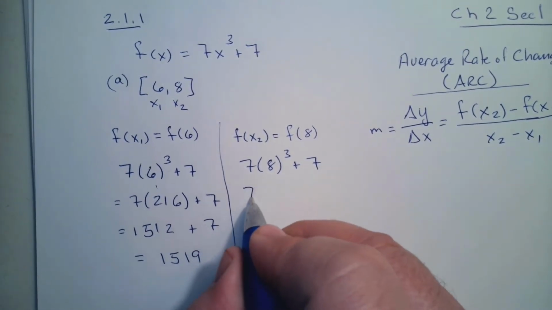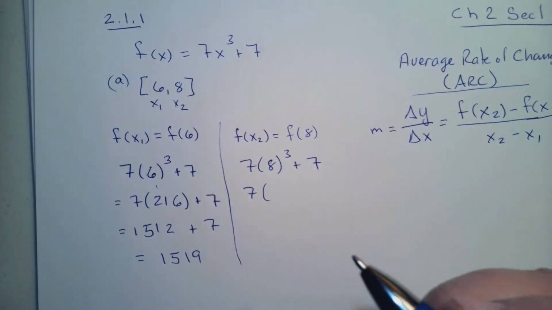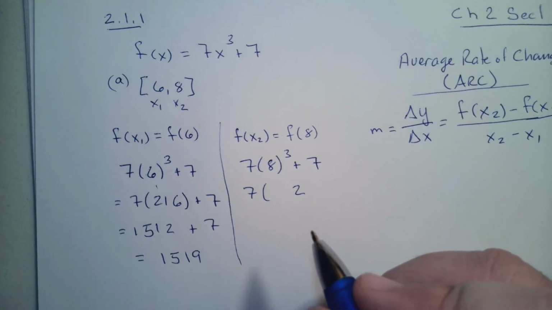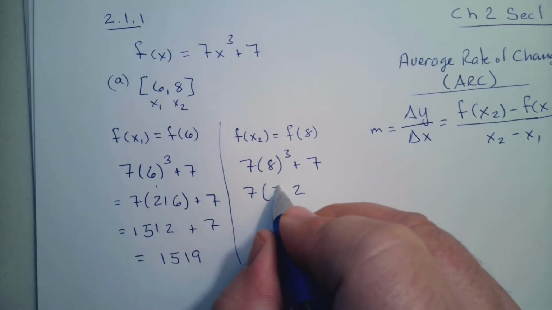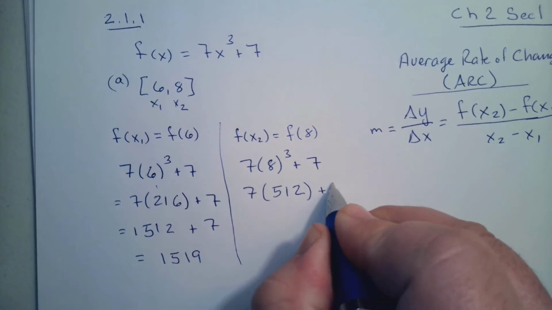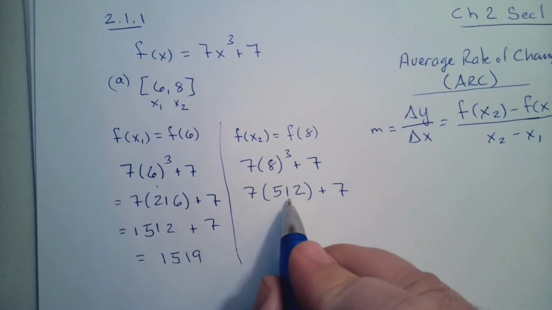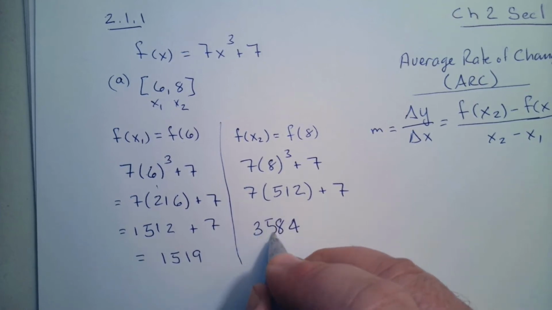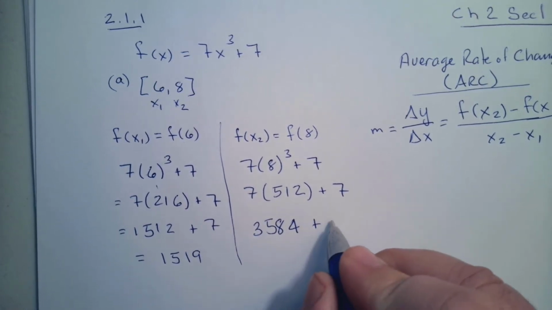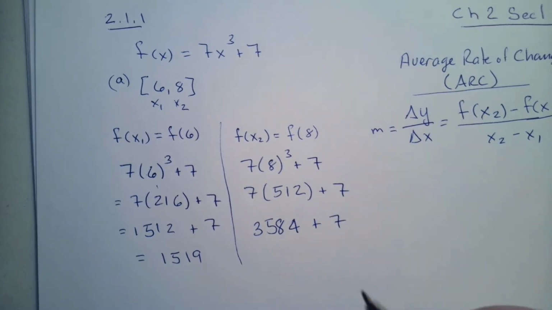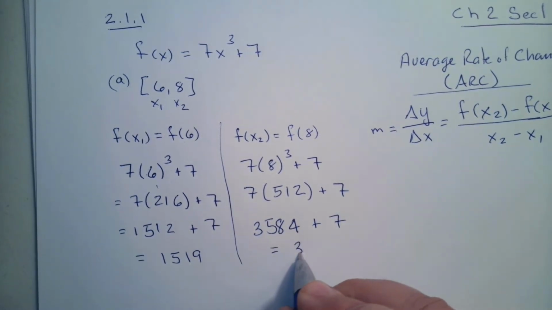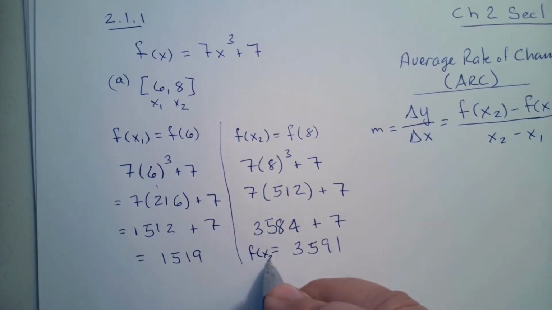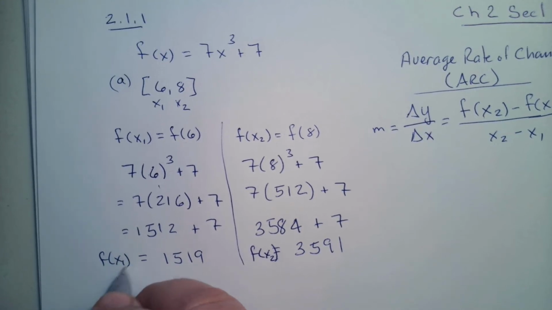So 8 cubed, 64 times 8, is 512 plus 7. So 7 times 512 is 3,584, plus 7 equals 3,591. So this is f of x2 and this is f of x1.